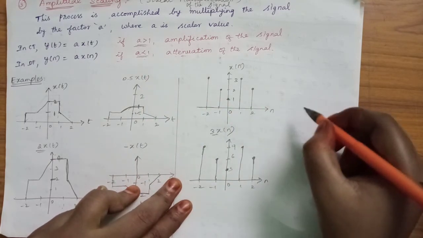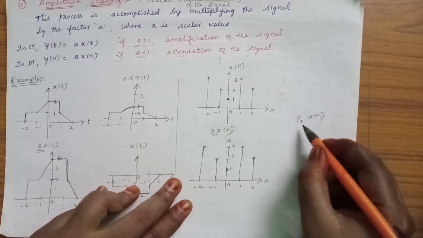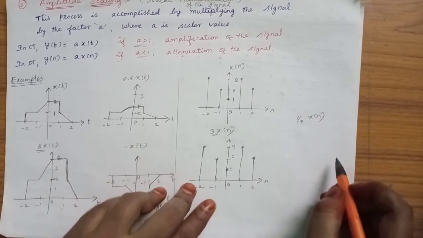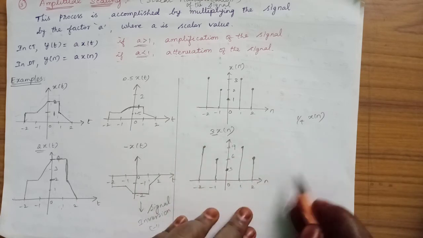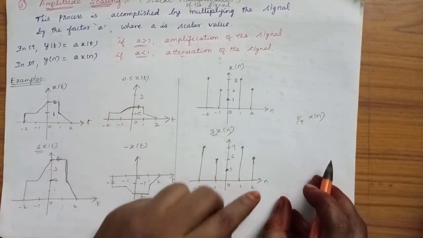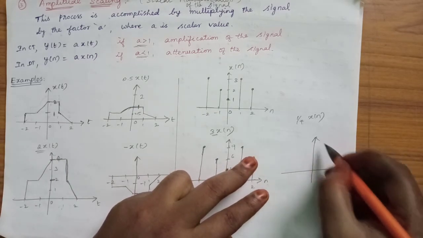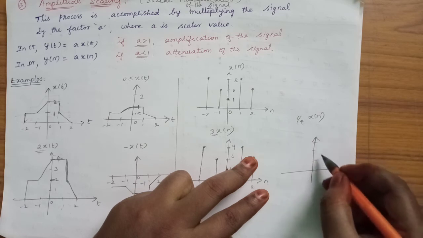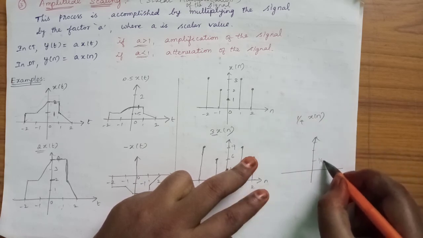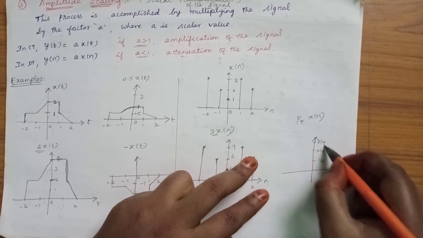We'll do 1 by 4 into x of n, that is 0.25 into x of n. For this example also, we'll directly multiply 1 by 4 with the y-axis. So instead of 1, 2, 3, write it as 1 by 4, 2 by 4, 3 by 4.